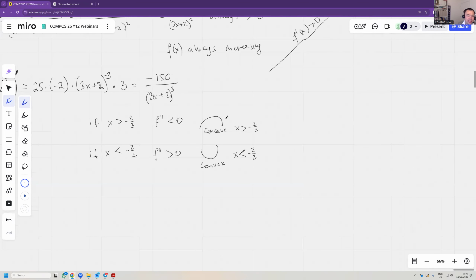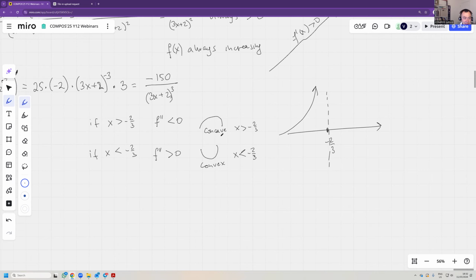So it's concave and it's convex and increasing. So until negative 2/3, and that's a vertical asymptote, it's convex and increasing. So it's like this, convex and increasing.